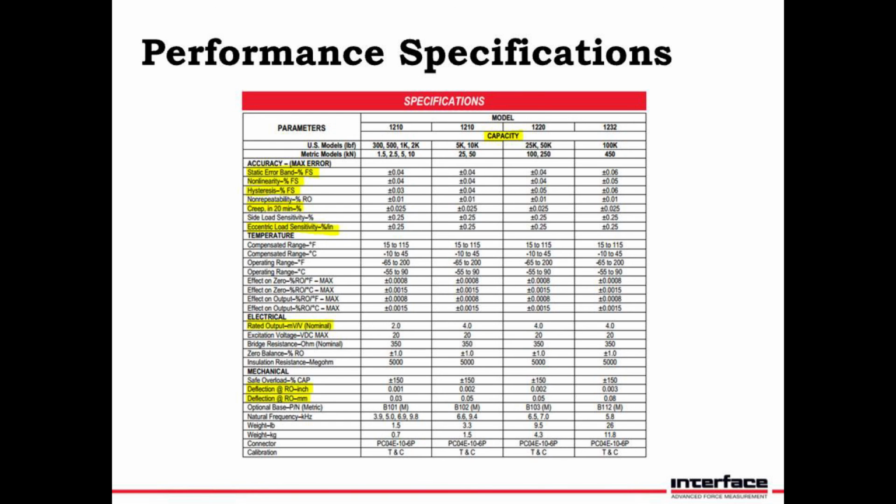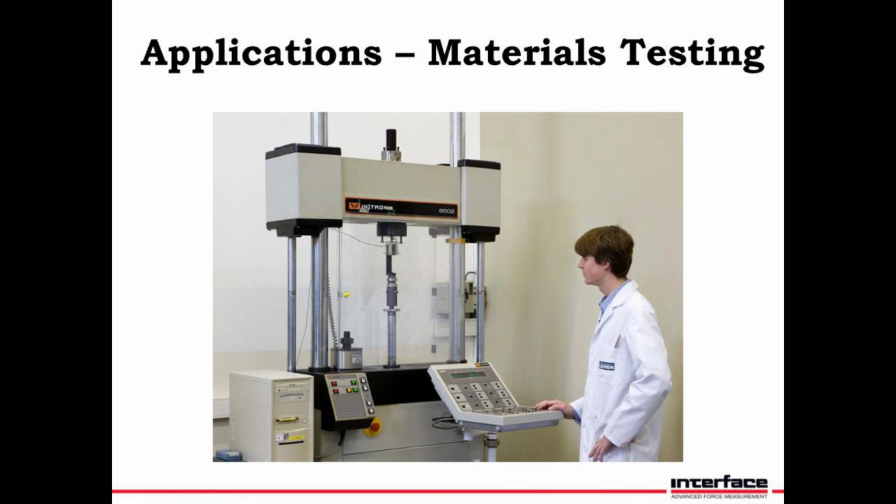All right, a very common application for our load cells are material testing machines. A lot of these machines are doing fatigue testing, basically breaking the specimen. In this photo you see a tensile testing machine.